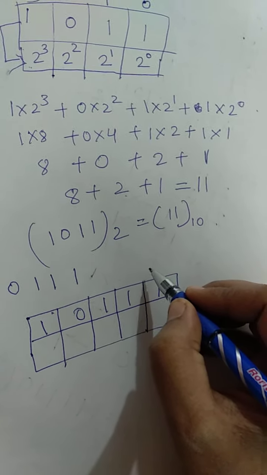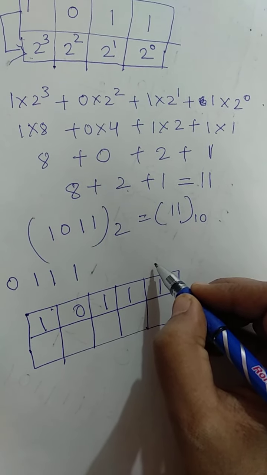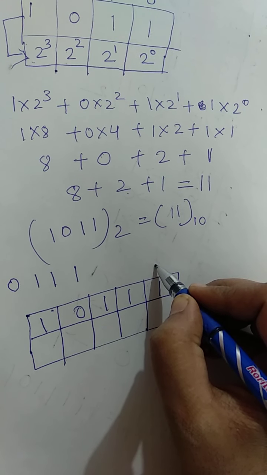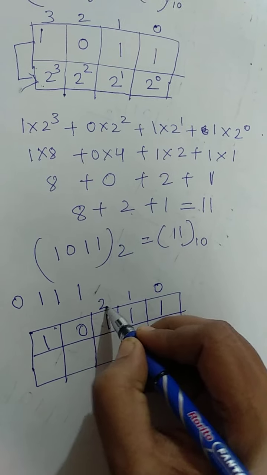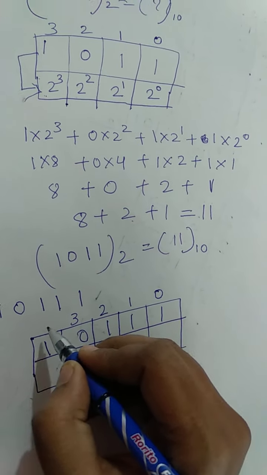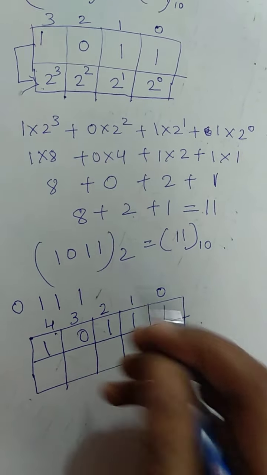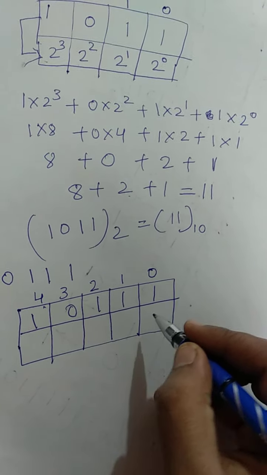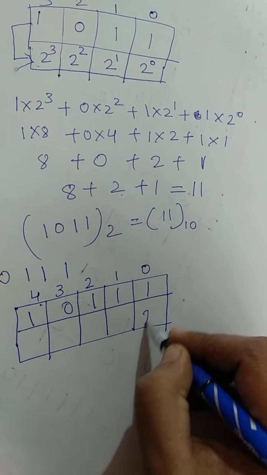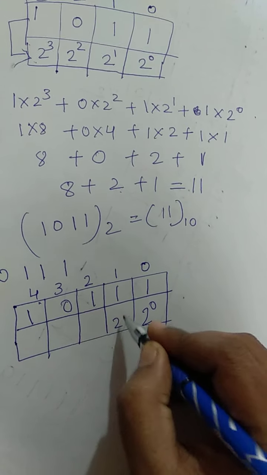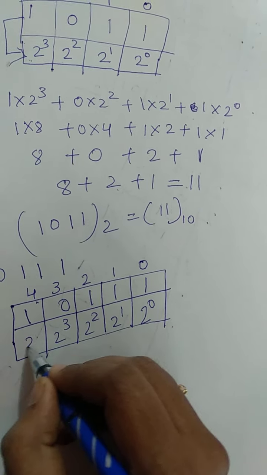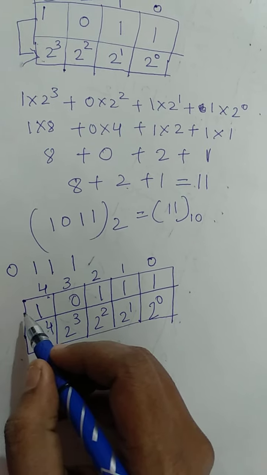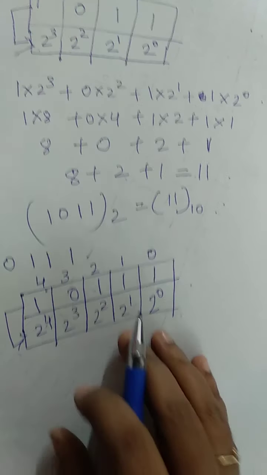Then we write the weightage values, from right to left: 0, 1, 2, 3, 4. So next is 2 raised to 0, 2 raised to 1, 2 raised to 2, 2 raised to 3, 2 raised to 4. Next we have to multiply these values with these digits.